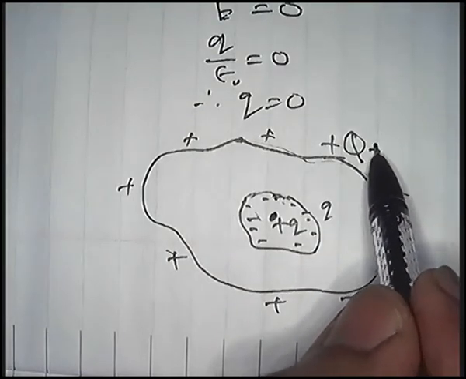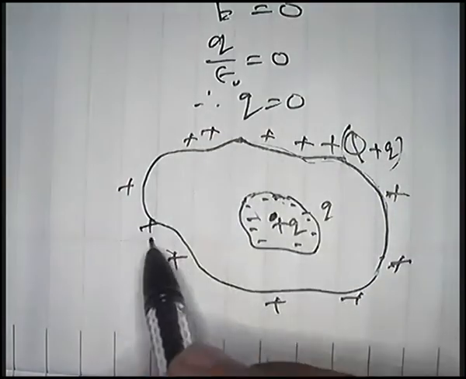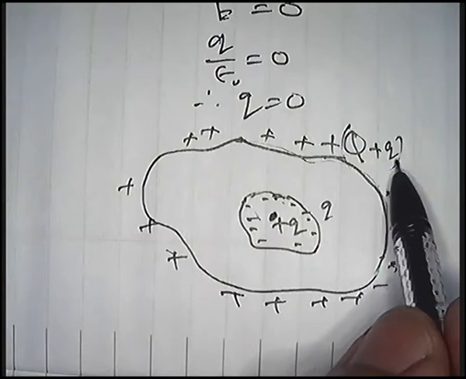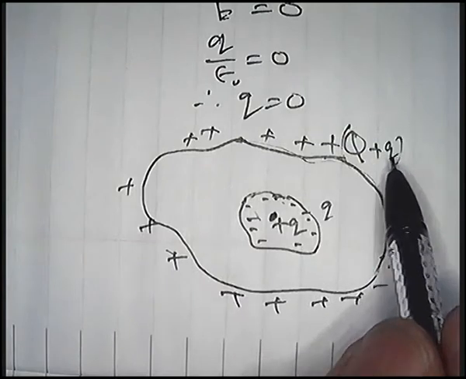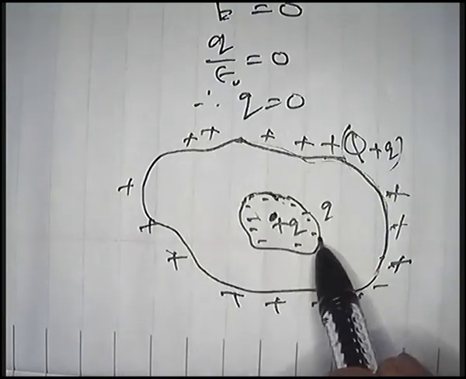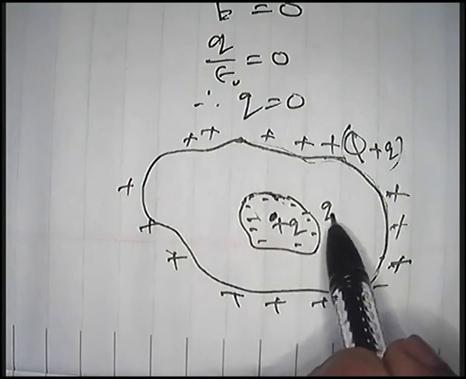So a positive charge q is developed over the outer surface. So net charge on the outer surface now becomes capital Q plus small q, where the charge on the inner surface of this conductor, that is along the cavity, is minus q.